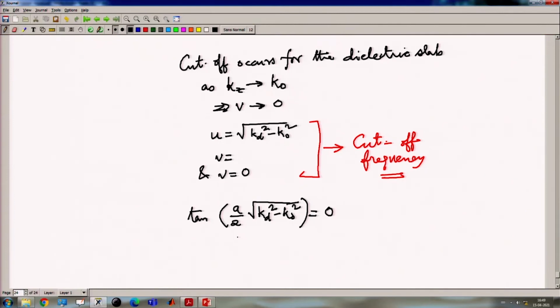When we look at equation 19, we substitute v equal to 0. So, the right hand side of equation 19 becomes equal to 0 and we obtain the condition tan of u a by 2 equal to 0, substituting u equal to root of k d square minus k 0 square.